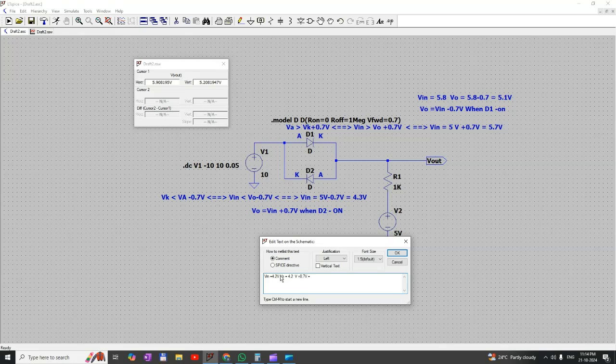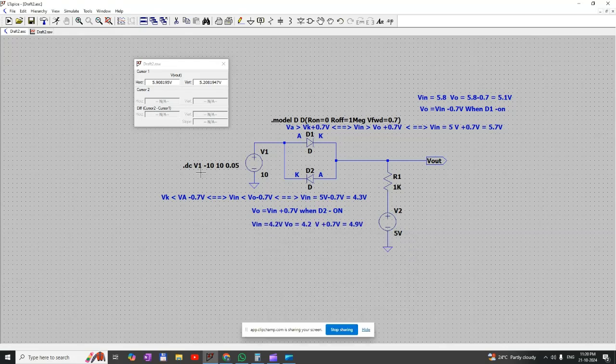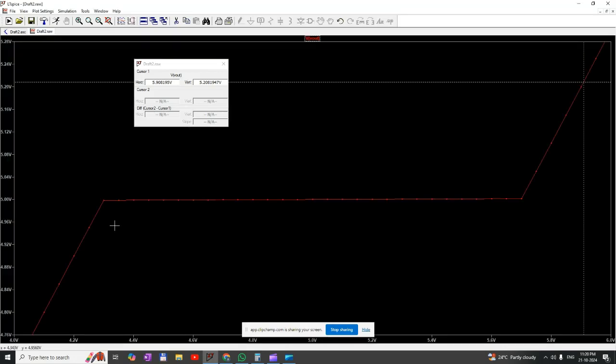So how much is it? 4.9 volt. The theoretical value and the practical value are matching. When we go to the simulation, we come to know how the diodes behave in the circuit. Hope you understand this circuit.